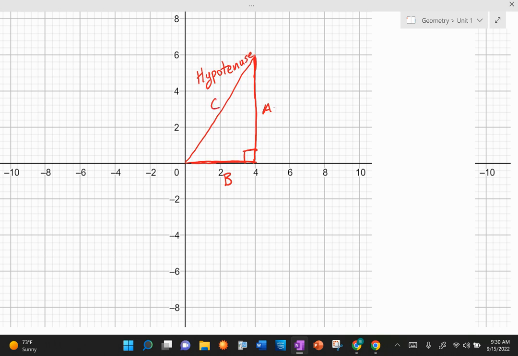Hypotenuse, and that is C. The hypotenuse is always directly opposite of the right angle. So wherever your right angle is, C is the side that is opposite away from that.